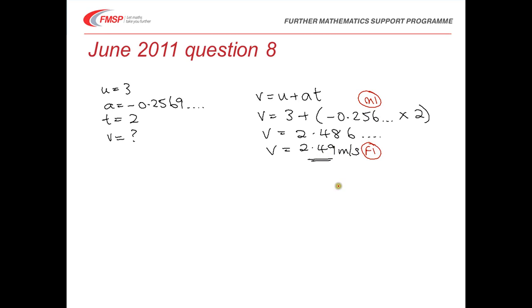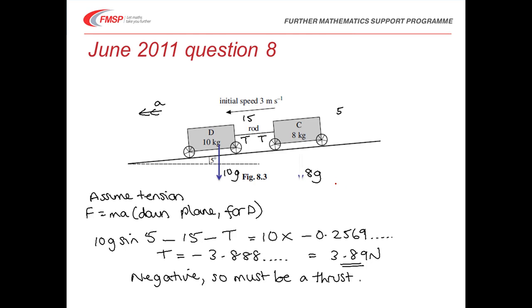So that's 5 marks, and then there's 4 marks left for the last part of the question, where we're working out whether it's a tension or a thrust. And again, we get a method mark for resolving along the plane. We get an accuracy mark here, it's following through your acceleration, so you would still be able to get that mark even if you got your acceleration incorrect.